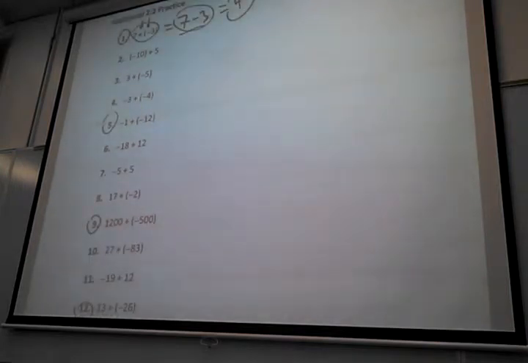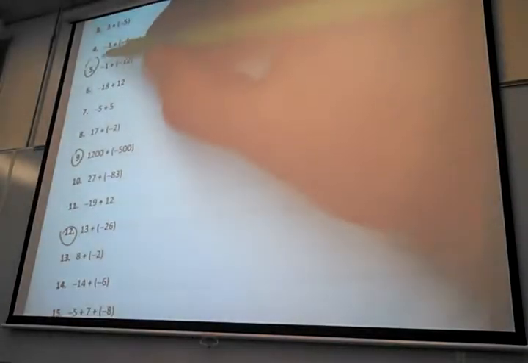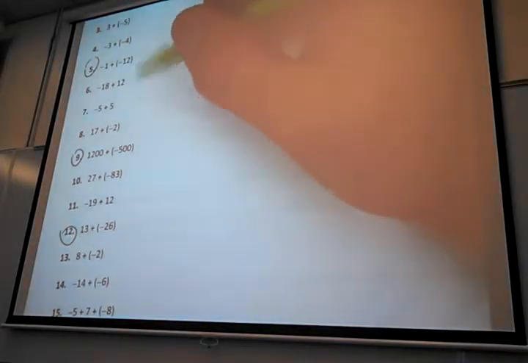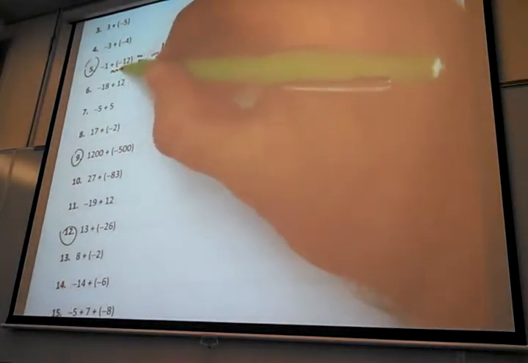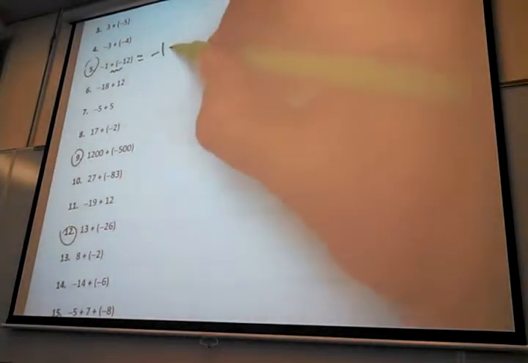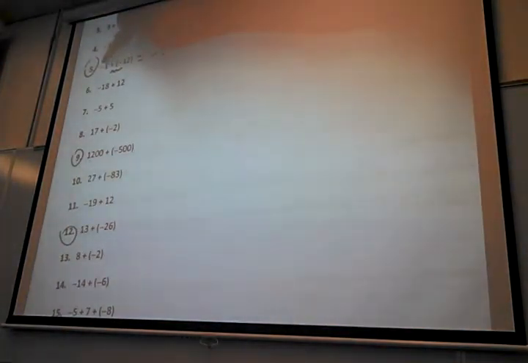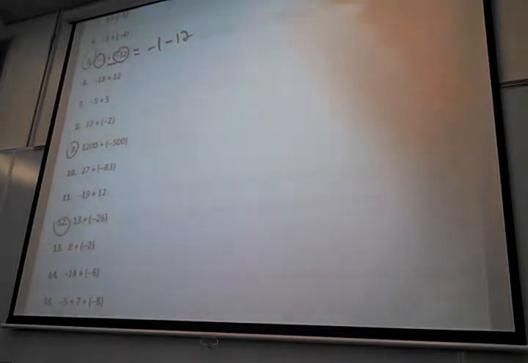One down. So what about number 5? This is actually an example of why it's sometimes better to write this. Another way to write this is -1 plus positive times negative, so -1 minus 12. But can you guys see why it might be easier? -1 plus -12 is -13, because you're adding negative to negative, it should be even more negative.